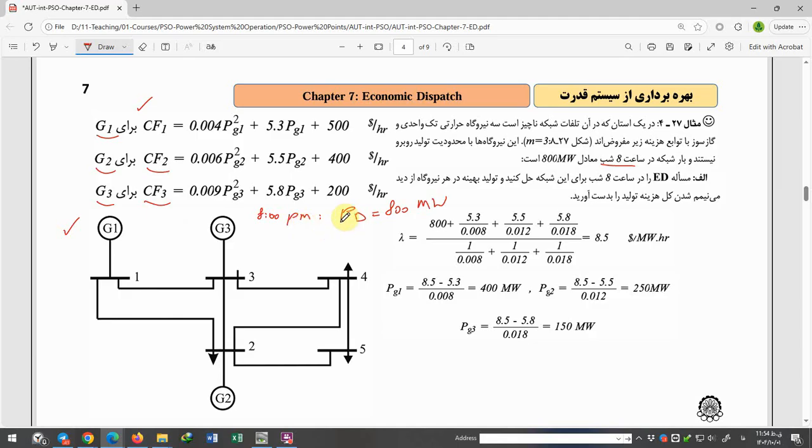This example says that we don't have any P losses and we don't have any maximum and minimum of each generator. And we suppose that each generator can generate ultimately in minimum or in maximum.